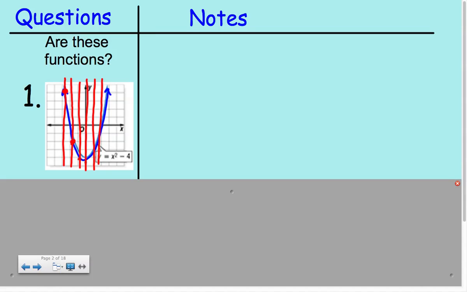It's not going to be exact, but it will be close. You'll notice on each line I only have 1 dot. If each one of my red lines touched my blue line 1 time, that means it is a function.